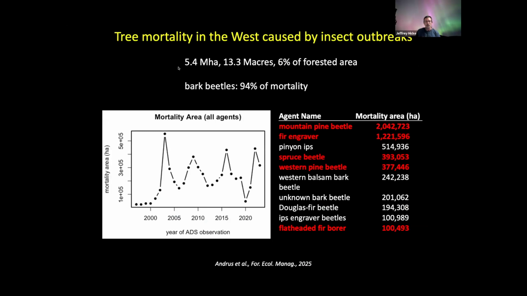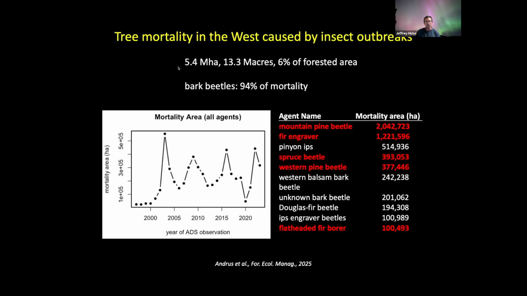To start out, I'll show you the importance of biotic agents that cause tree mortality in the Western US. We analyzed the Forest Service aerial detection surveys and produced something called mortality area, which is the area occupied by killed trees. That's the time series on the left.